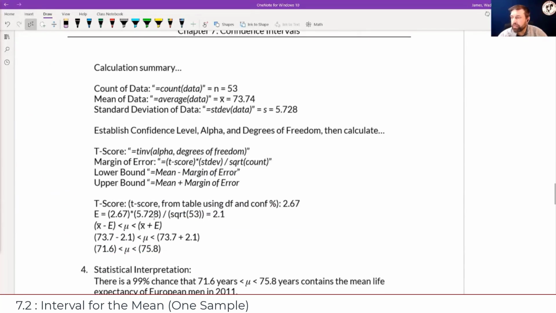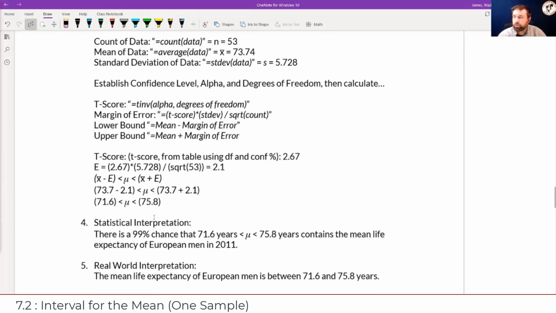Okay. And then what you do is you write a summary. So we can say, and here, by the way, are all the steps that we just did, walking through all these calculations if you wanted to do it by hand instead of using the spreadsheet.